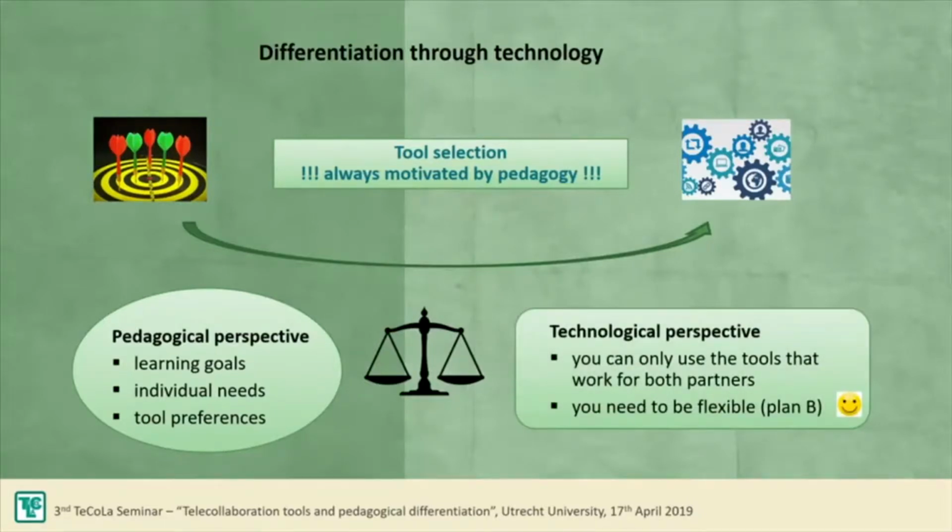Regarding the technological perspective, it is important to carefully check your available technological infrastructure. It is a simple truth that you can only use technology successfully if it works for all partners, for all students involved.